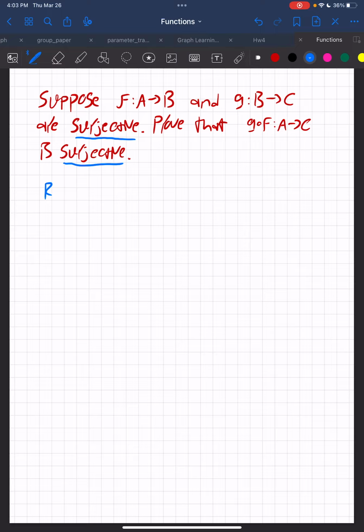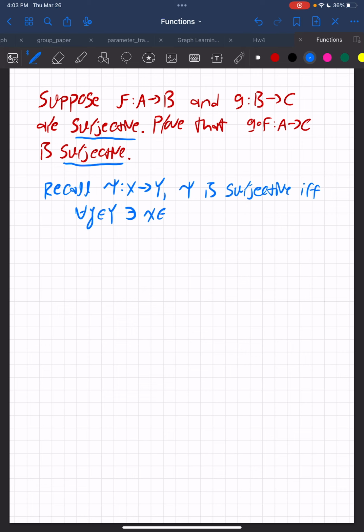So let's, before we start proving anything, write that for a general function psi from X to Y, psi is surjective if and only if for all y in Y, there exists x in X such that psi of x equals y. So every possible output of the function is obtained by the function, right?